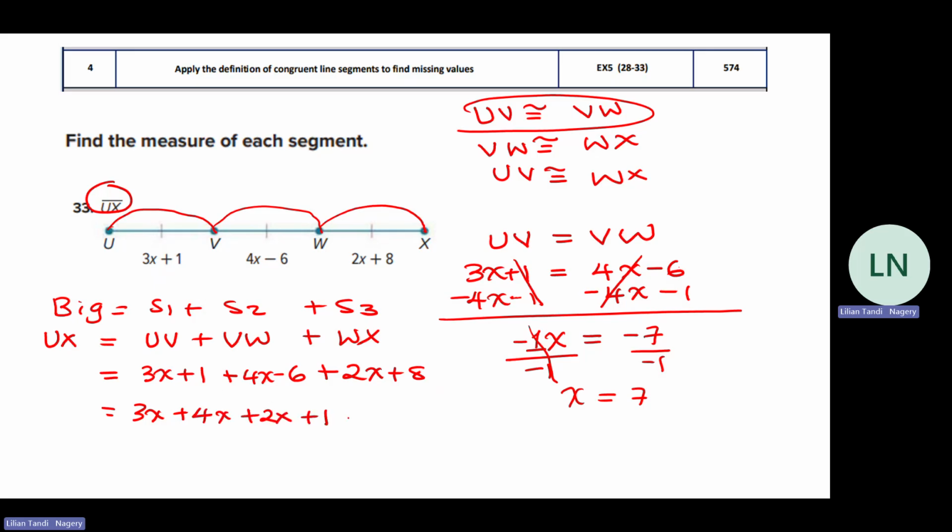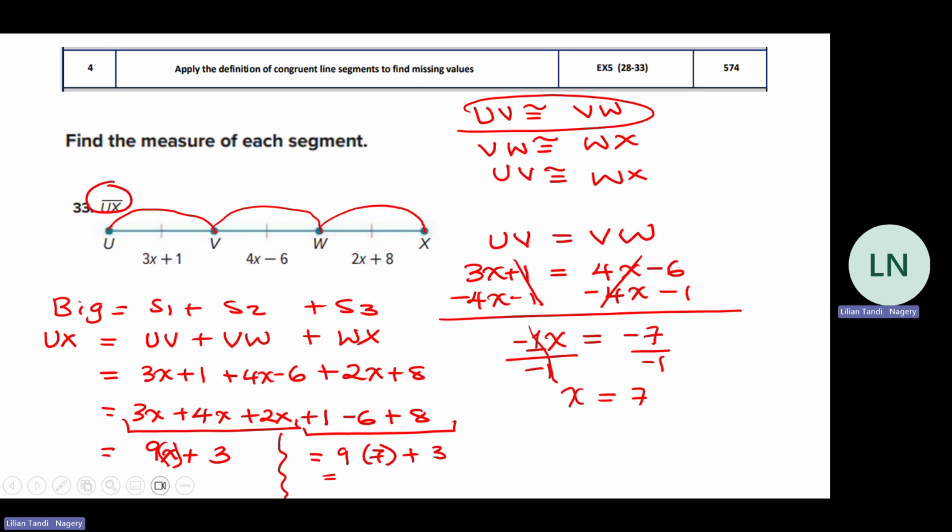Then positive 1, negative 6, positive 8. Then I do this part. That gives me 9x. What does this give me? 1 minus 6 plus 8 gives me positive 3. Now I know x, so I will continue. 9 times 7 plus 3. 9 times 7 is 63.